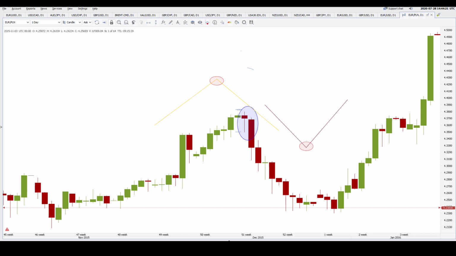If you do not get a 1:3 risk to reward ratio, at least there is a potential 1:3 risk to reward ratio, then only you go and open the trade, and you adjust your position size in such a way that if your stop loss gets triggered or if your plan fails, then you should not lose more than 1% of whatever is there in your equity. So that is the bottom line. That will make you a consistently profitable trader in the long run.